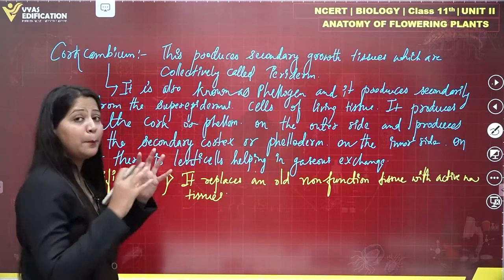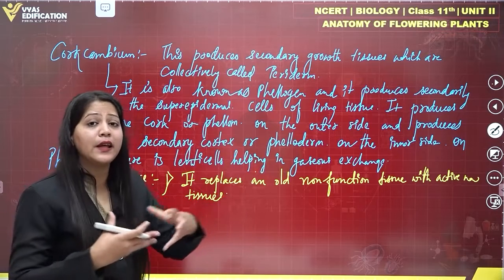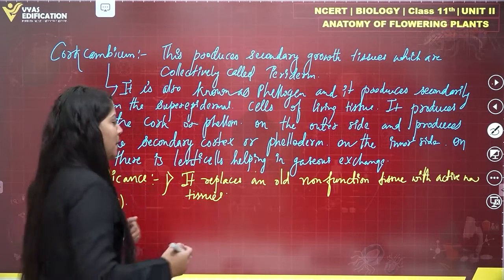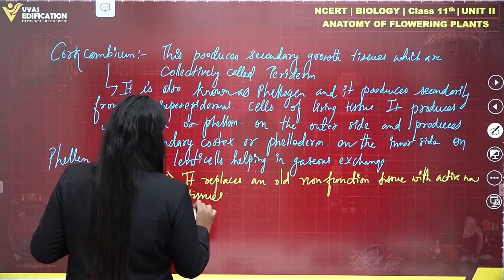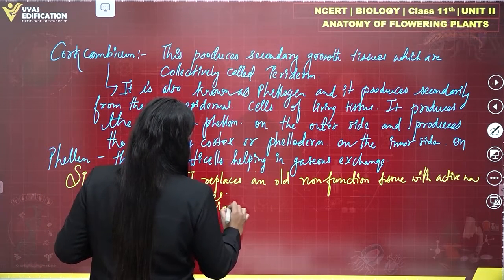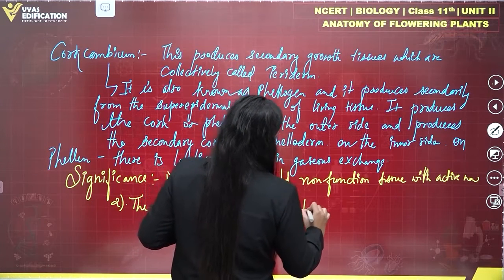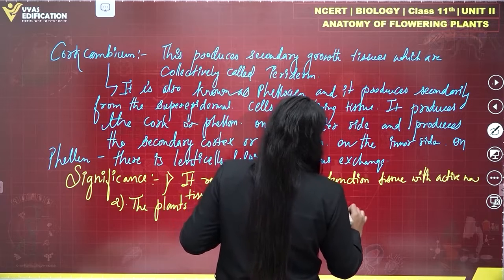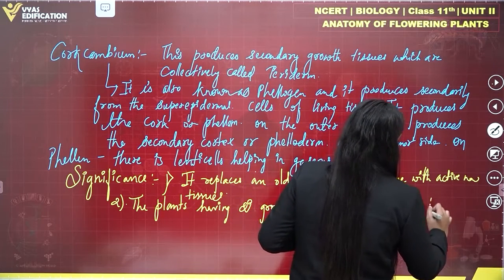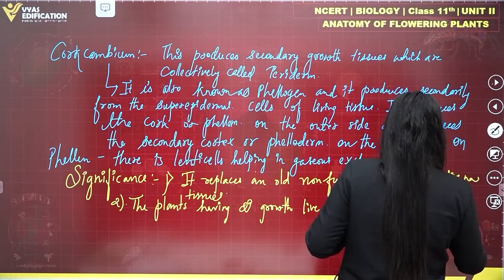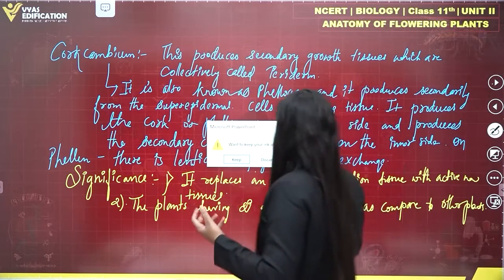Second one is the plants who have secondary growth in them live longer as compared to other plants who are not having secondary growth, right?